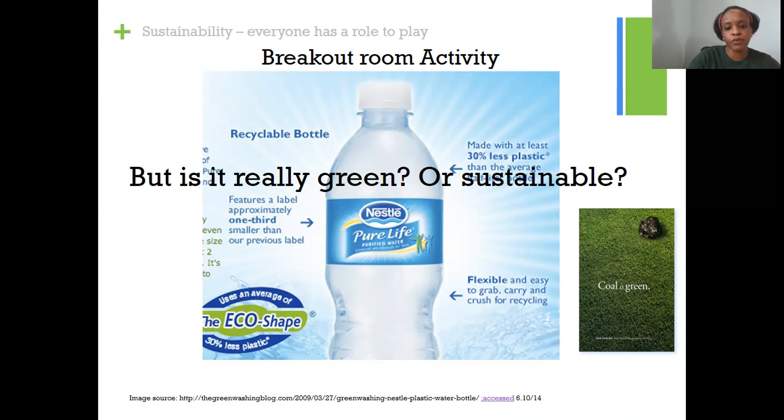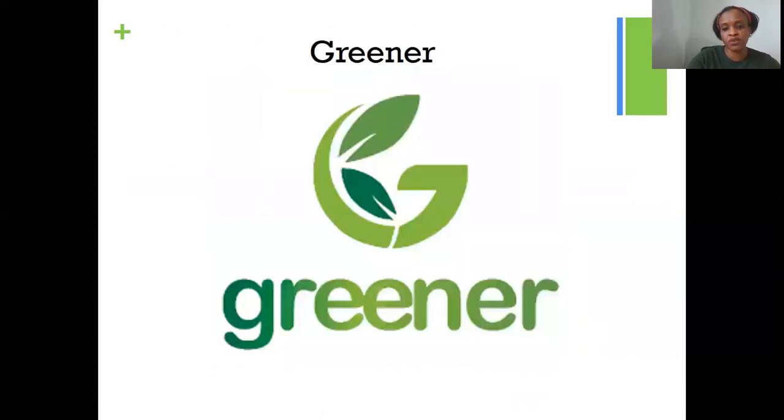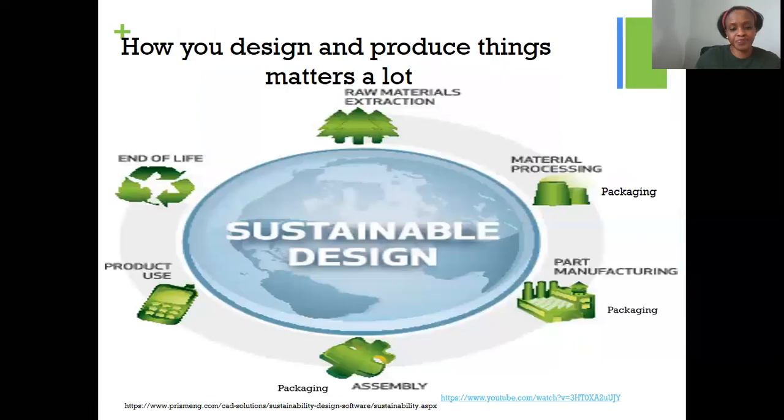Please deliberate whether this Nestle water bottle is green or sustainable, and I will post the answer to this question by next week Tuesday. But between now and next week Tuesday, I need you to deliberate on whether or not this Nestle water bottle is green or sustainable, and if coal is green or sustainable.